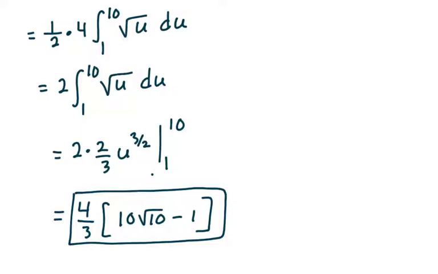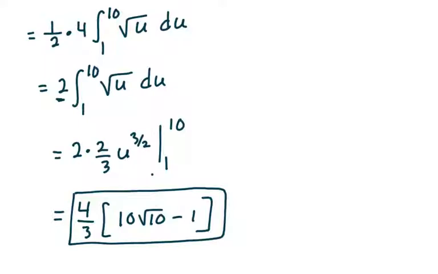And so 1/2 of 4 is 2. And so I get the integral from 1 to 10 of square root of u du. And again, we have that 2 on the outside. So this is 2 times 2/3 u to the 3/2, evaluated from 1 to 10.